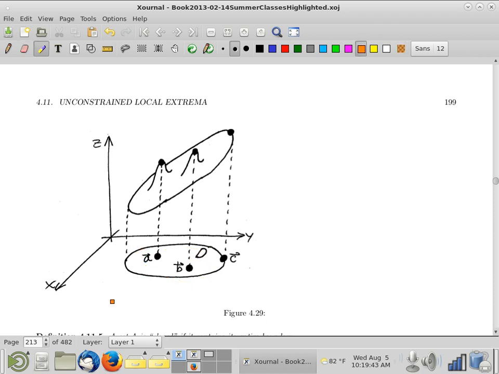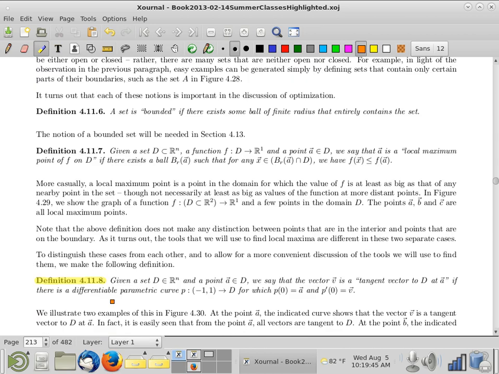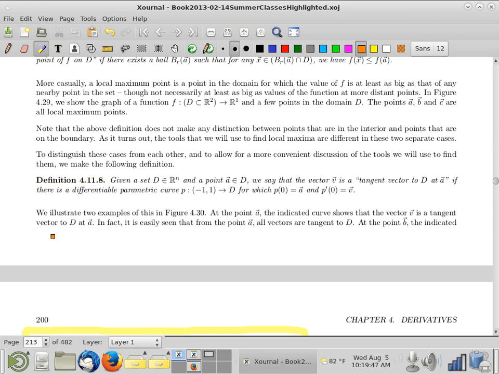Okay. All right, so I am going to note a definition. I need to define something called a tangent vector. So a tangent vector requires that you make a parametric curve that goes through the point A and whose velocity is v.